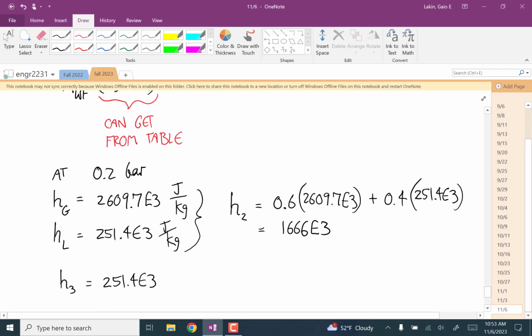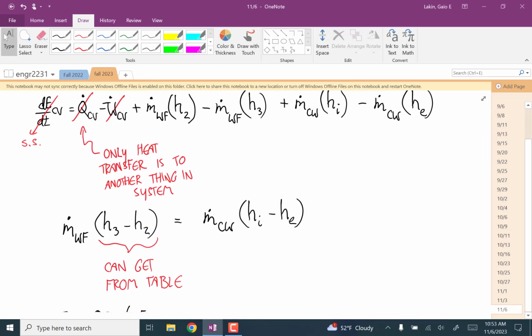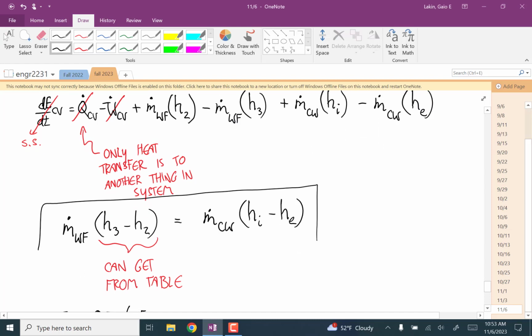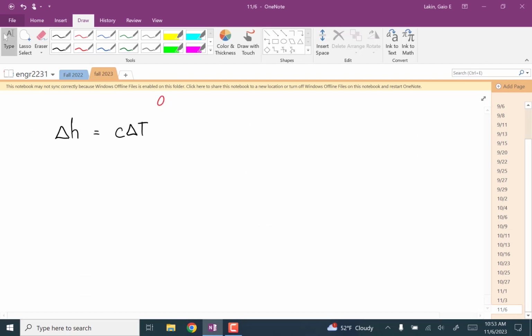Well, we can use this equation to figure out, so if I call this equation 1, we know that the specific heat of water is 4186.